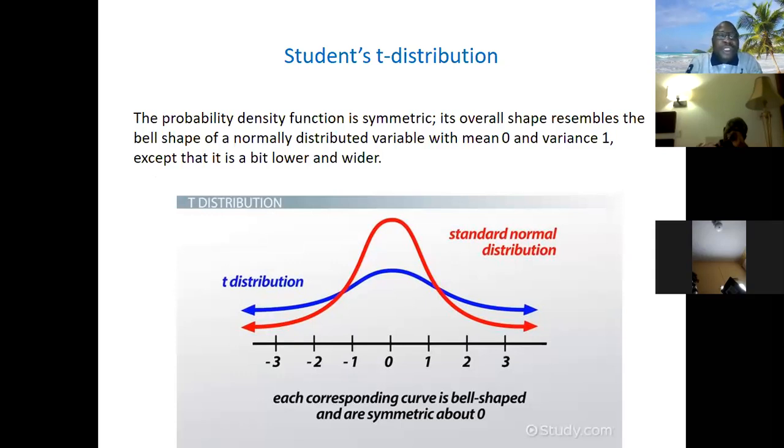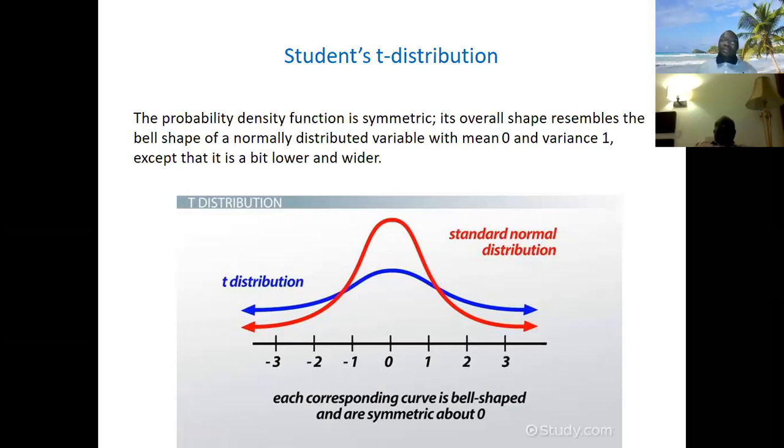The probability density function is symmetric. When you say something is symmetric, one side is a mirror image of the other. It's bell shaped, so it has some characteristics that resemble the normal distribution, because the normal distribution is bell shaped, one side a mirror image of the other.